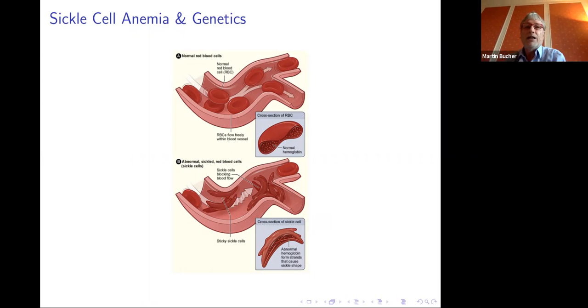So sickle cell anemia is a big issue in Africa, not so much South Africa, but more equatorial Africa and other countries where there is a lot of malaria. So this is one of the interesting connections.